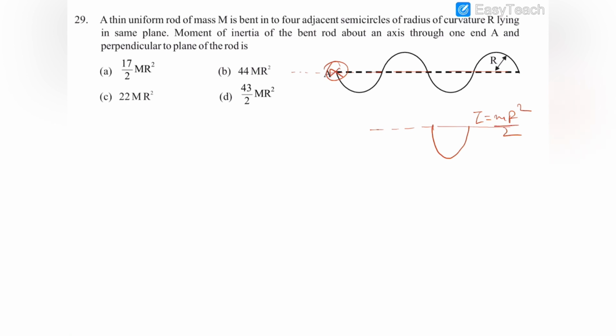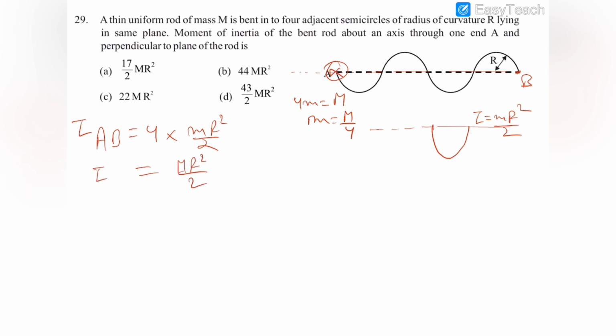So for these 4 rings, the total moment of inertia about this axis, let us name it AB, I along AB would be equal to 4 times mr square by 2, where m is the mass of a single ring. So 4m is equal to M, so m is equal to M by 4. You can substitute the value of m as M by 4, and this is the result.